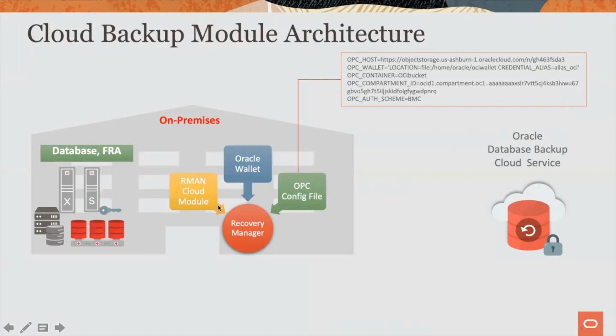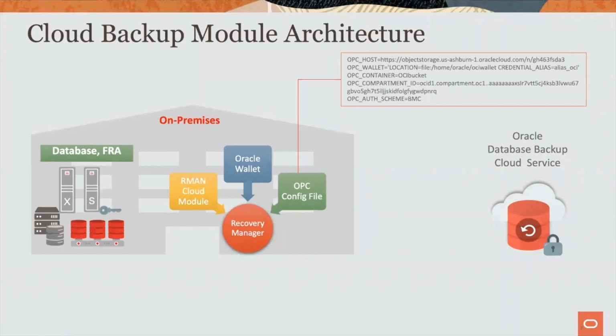And the installer will run and create an Oracle wallet where it stores the configuration and the credentials, so the private key and the public key fingerprint. And it will create a configuration file where it stores the configuration parameters, again like the destination, so the hosts where the backups are going to be sent, the wallet location, the wallet that was just created, and the bucket name and the compartment.